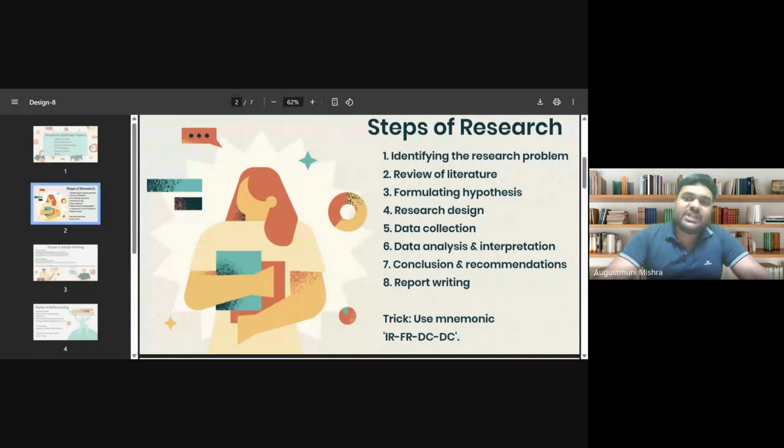Primary data we have already discussed, that is when you collect the data by yourself using different tools. And secondary data is the data which is already available, already published, available in the archives, in the libraries and all.